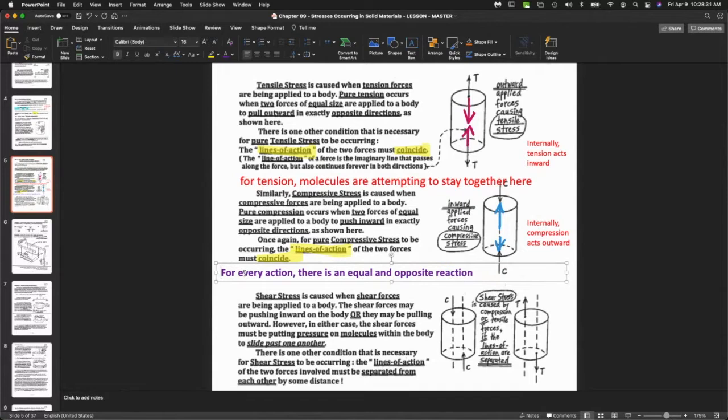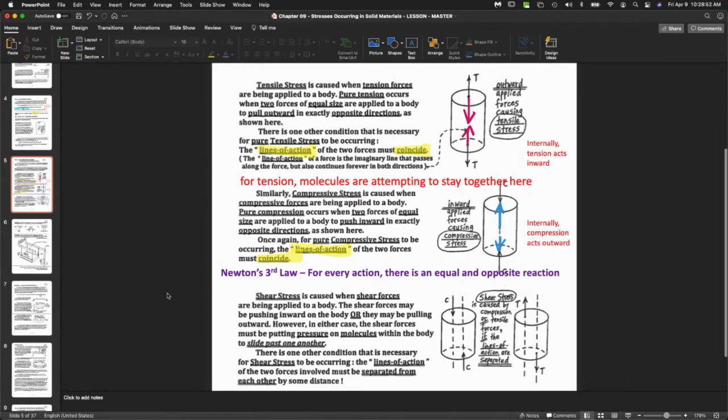Which law is this? It's okay, Amira. This is Newton. Yes, it's Newton's third law. That's the principle, the physical explanation as to why these different reactions are occurring.